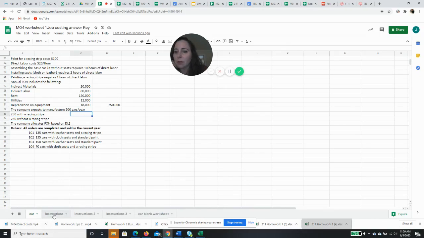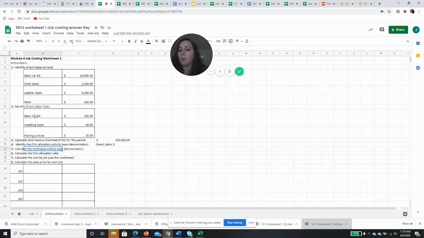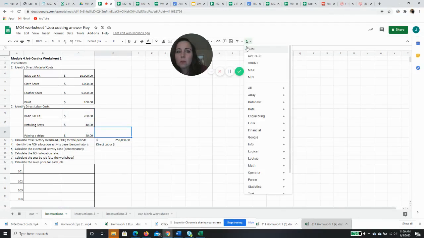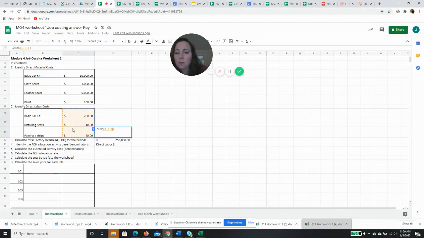All right, so I know that with the racing stripe, well, let me go back over here. So if I go back up to my direct labor costs, I know that with a racing stripe, my direct labor costs are, if I add this up, $260 per car.